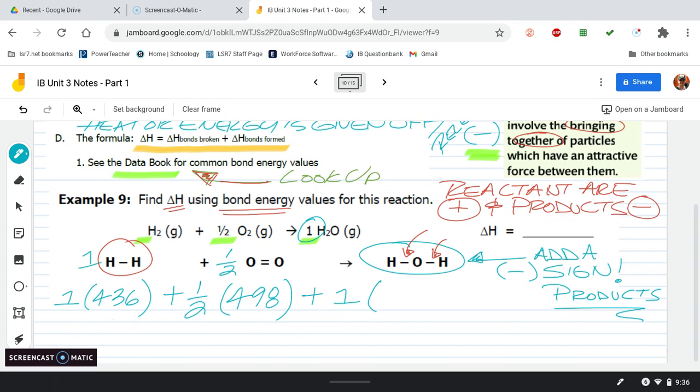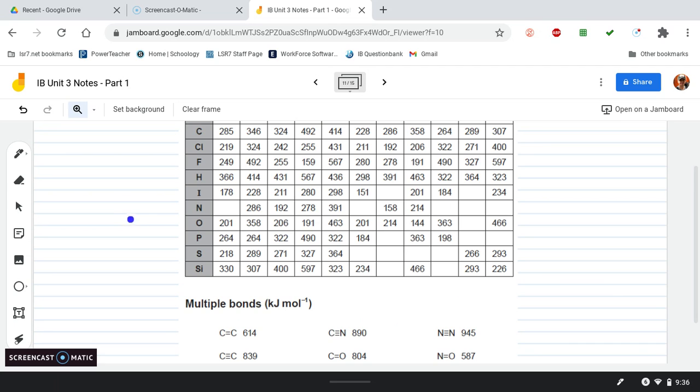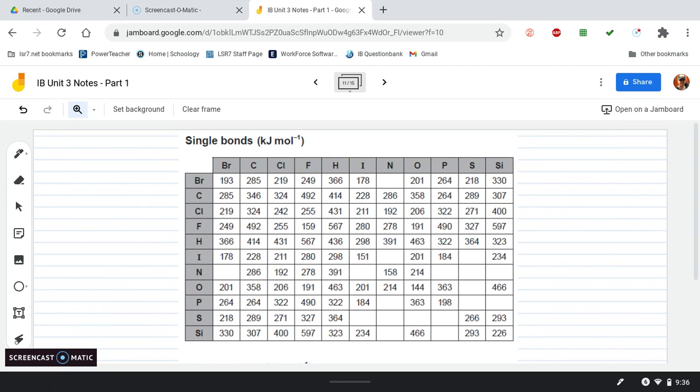And then I'm going to take this OH, and I'm going to have to multiply whatever number I get by 2. So we got to look up the OH. So we come over here, and we zoom in, and we find the OH. So let's go ahead and do that. So here's O, and here's H. So right there, 463. Okay, so 463.